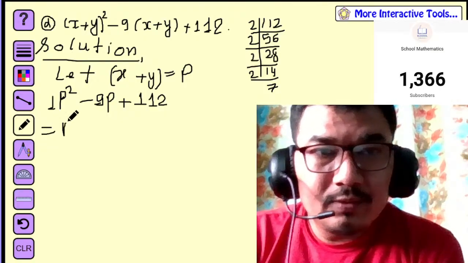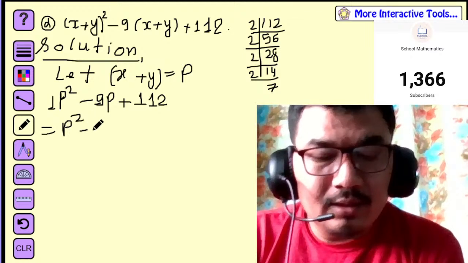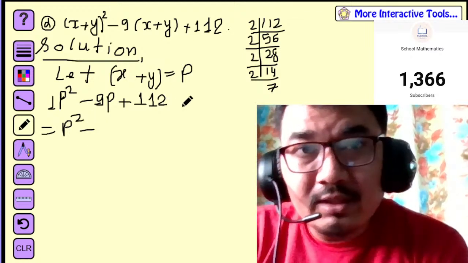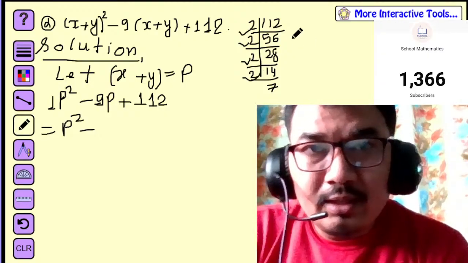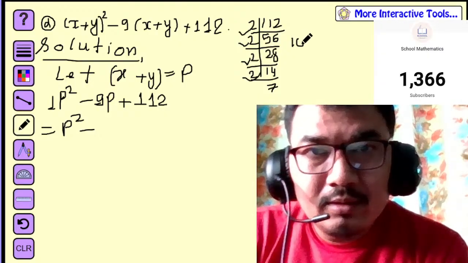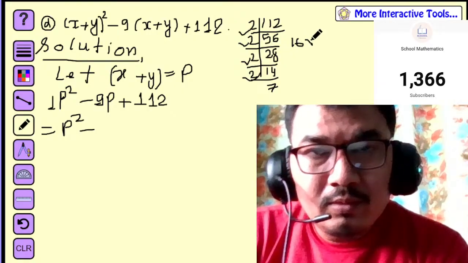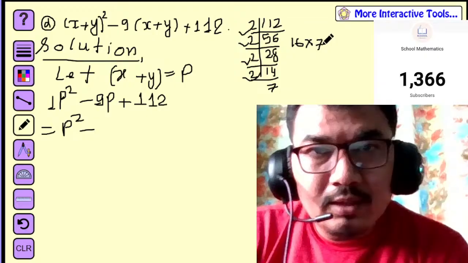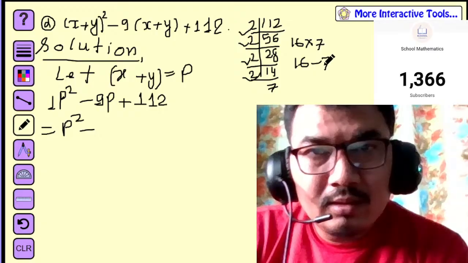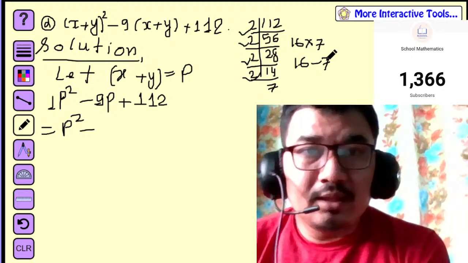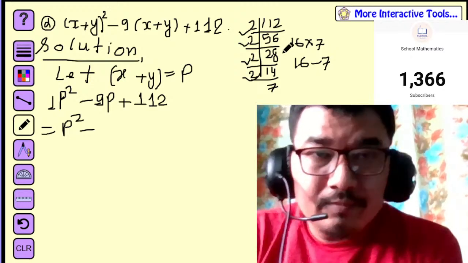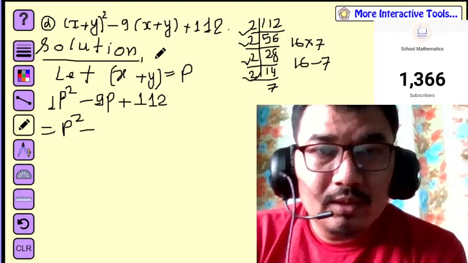Here is the first term p square, right? p square minus. Now let's check in here. 2 2s are 4, 4 2s are 8, 8 2s are 16. There is one factor 16 into 7, and then let's check 16 minus 7. If we make there minus, I want to clear this one here.